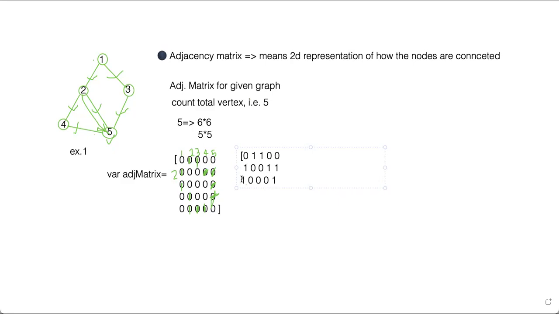And now again we need to write 0 then 1 then 0 then 0 then 1, then again 0, then 1, 0, then 1, 1, 1 and then we have 0. So this is the adjacency matrix for this graph that we have drawn.